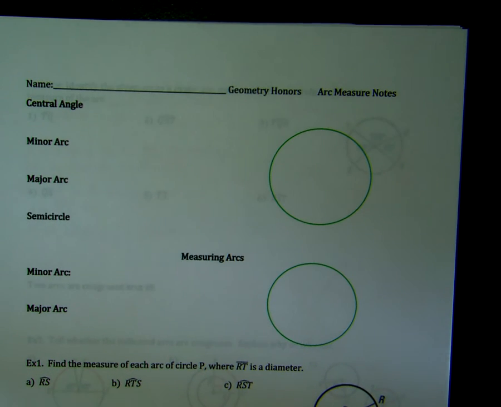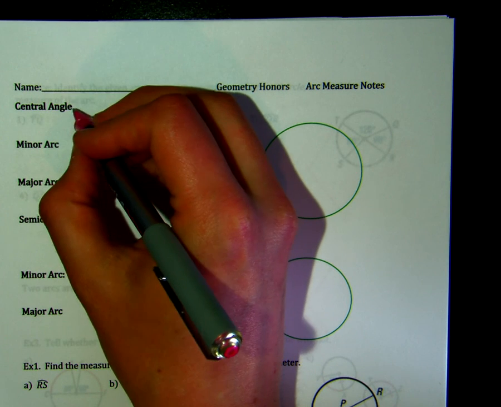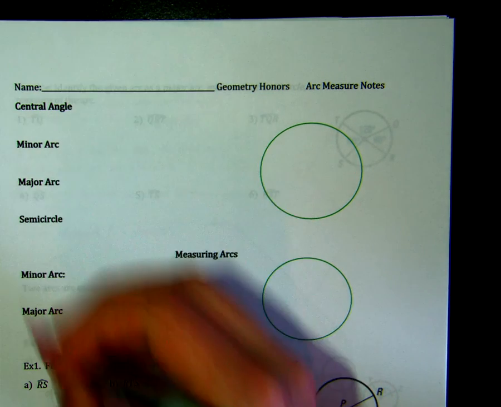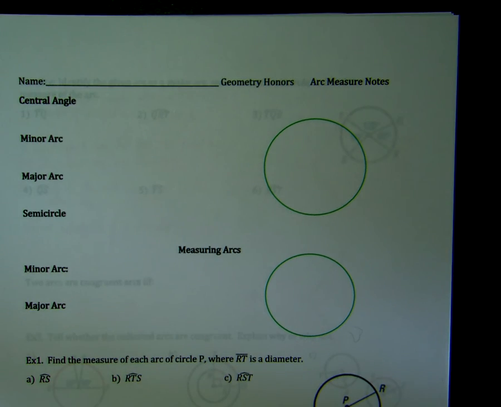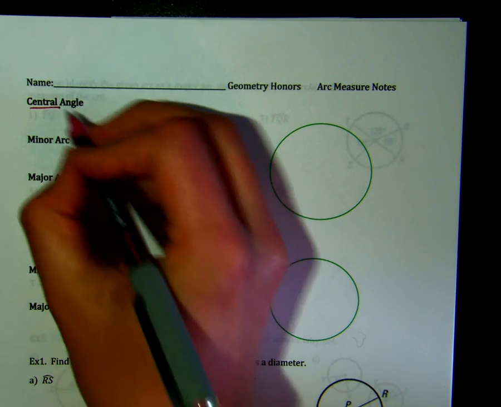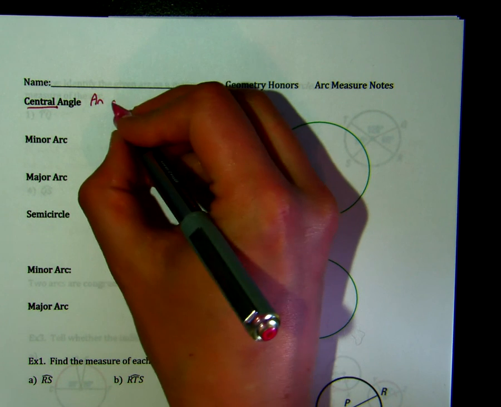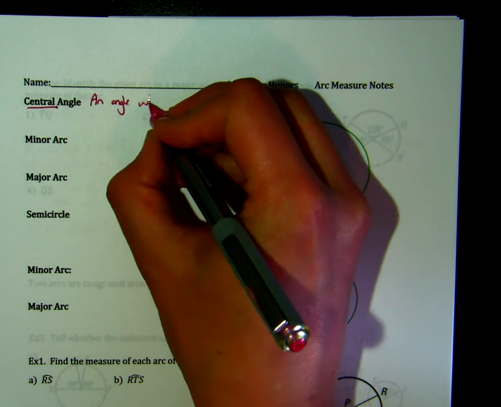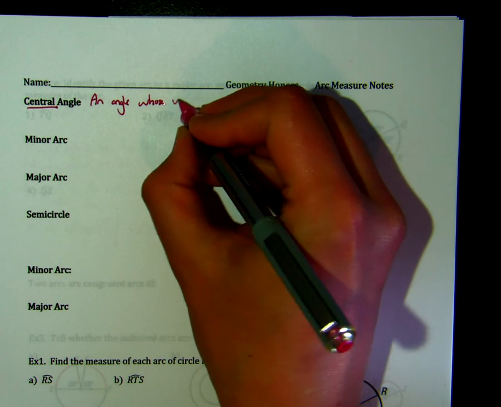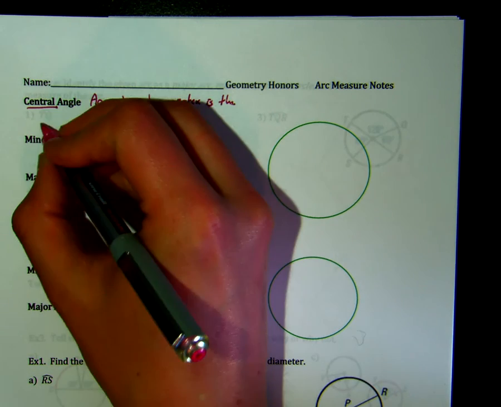Beginning, the first piece of information that we need is the idea of central angles. Central angles are going to be useful for defining what an arc is and measuring the degree measure of an arc. A central angle, as given away by the name, is an angle whose vertex is the center of a circle.